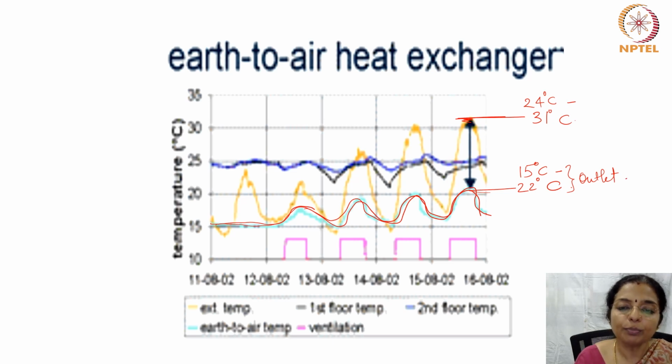Because of this, you can see that the first floor and the second floor temperatures are also more or less similar, and as we said, it does not exceed 22 degrees centigrade on the ground floor.